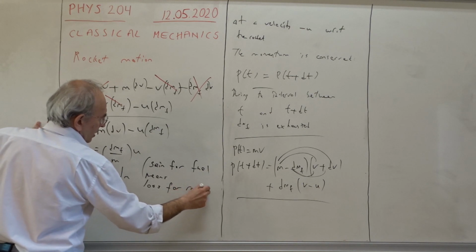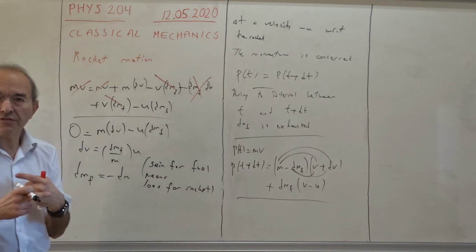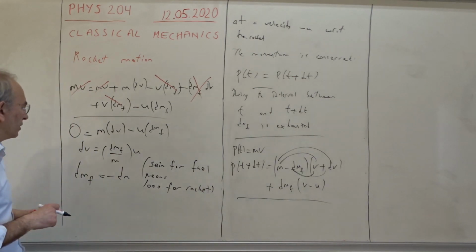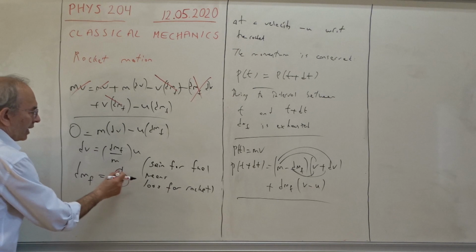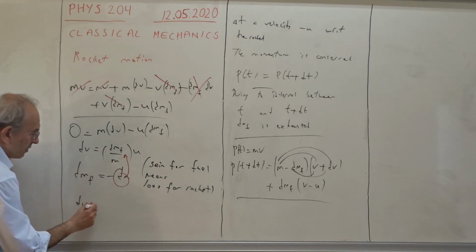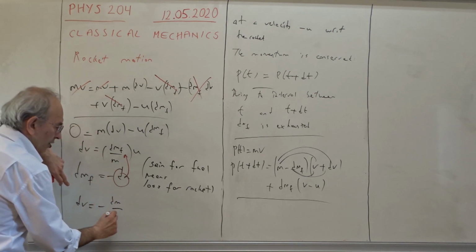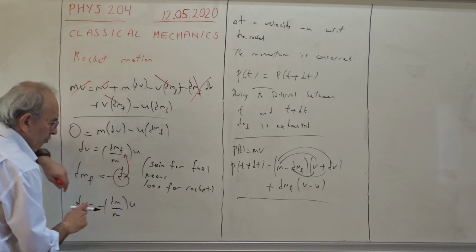This is the main idea. Therefore, these have opposite signs algebraically. So now let's put this minus dm here. We are left with dv equals negative dm over m multiplied by u.